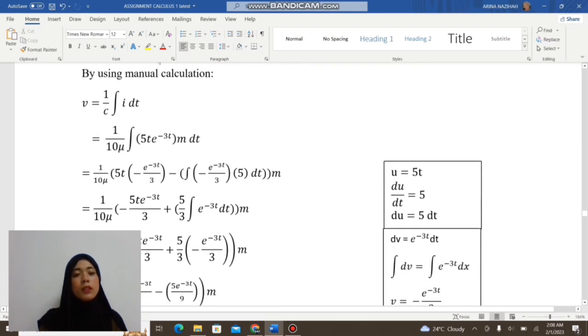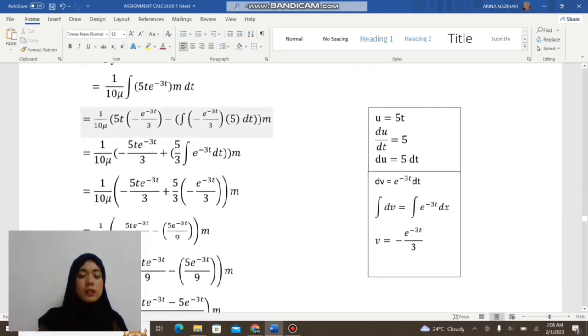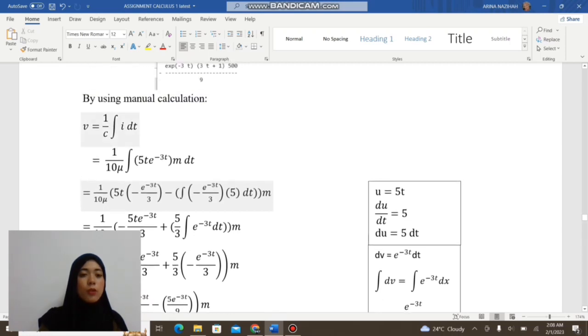By using manual calculation, this is our manual calculation. We use V equals 1 over C integrate I dt. We replace C with 10 micro, and I with 5t e to the power of minus 3t m.